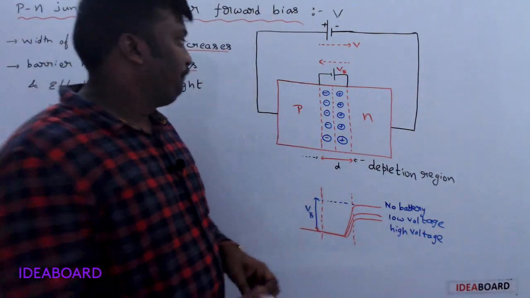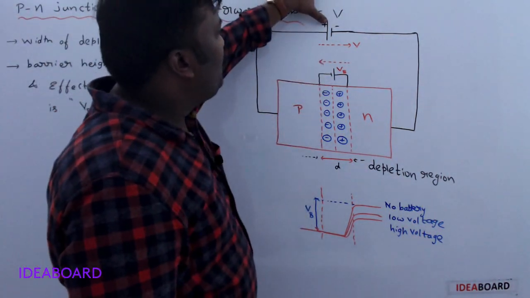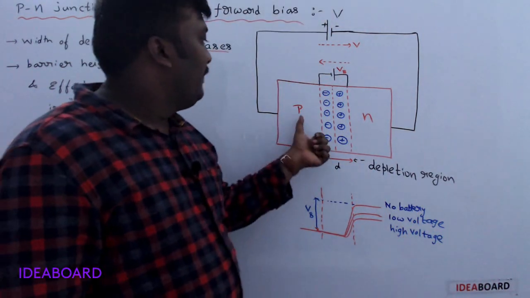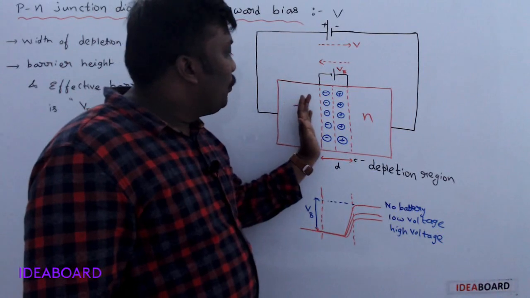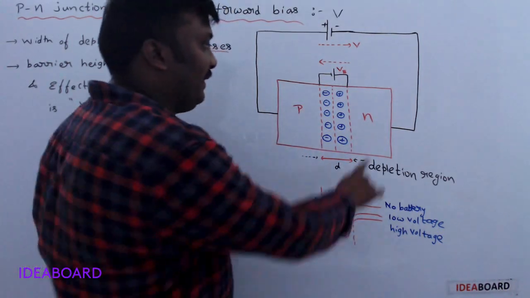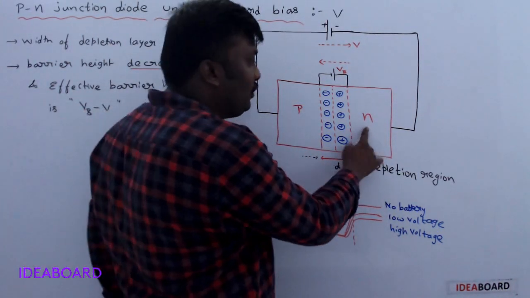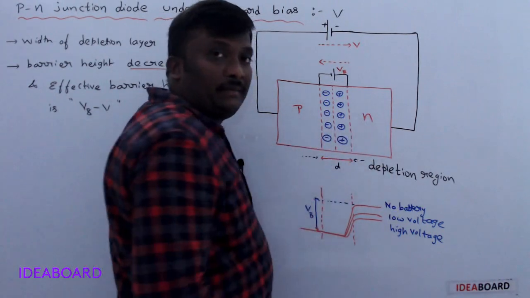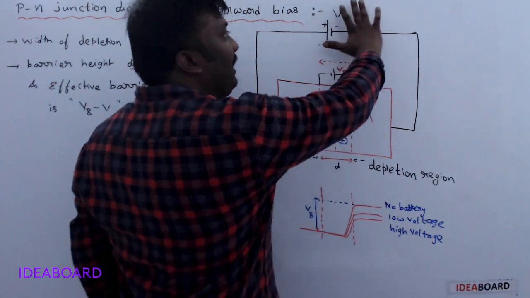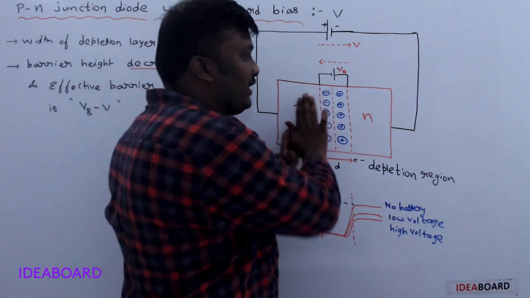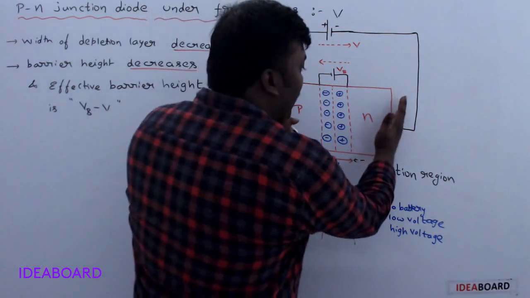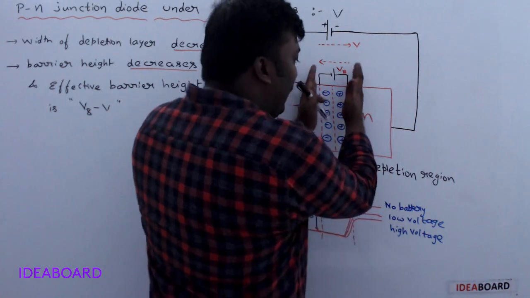Due to the positive polarity, the holes in the P side move towards the barrier, and electrons in the N side also move towards the barrier. If the applied voltage increases, more majority charge carriers come closer to the barrier.